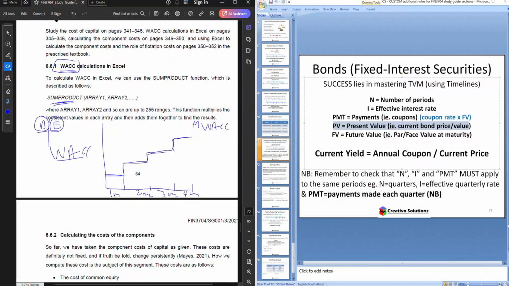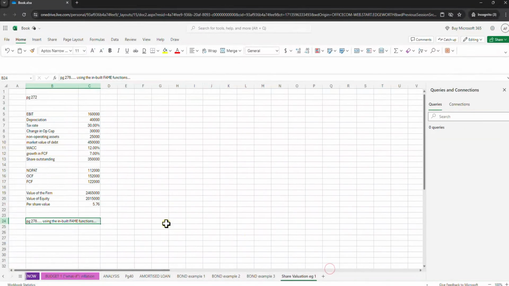It's just looking at this table, after-tax costs, and you've got the debt, calculating the sum of the product of corresponding cells. Let's use a set of data here so we can demonstrate this.